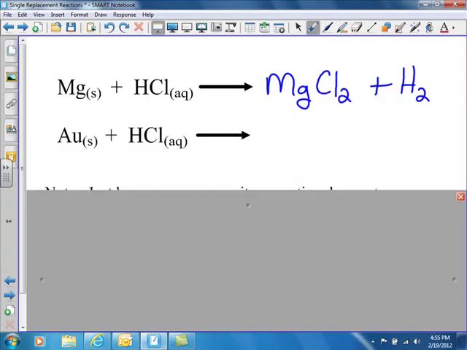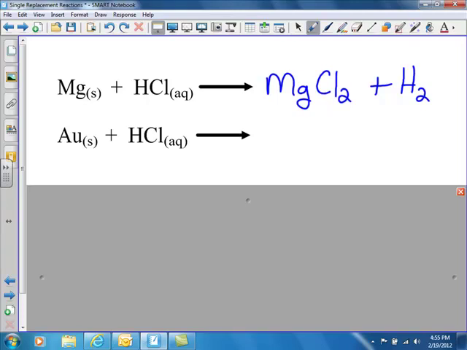Now, write the products of this reaction. What I'm guessing you wrote is AuCl plus H2. But what really happens is no reaction.